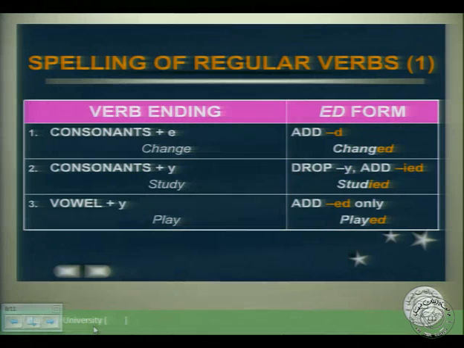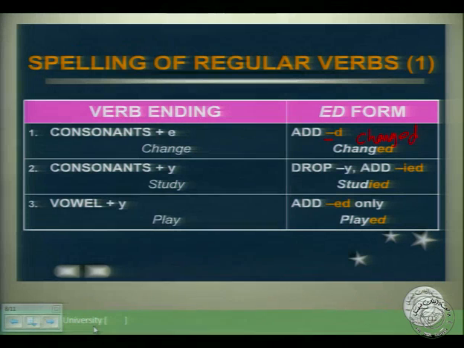Here are some spelling rules. If you study these from the slides or from the book, when you have a consonant and then e, we add just d, like changed, because the verb originally is change, so we just add d.